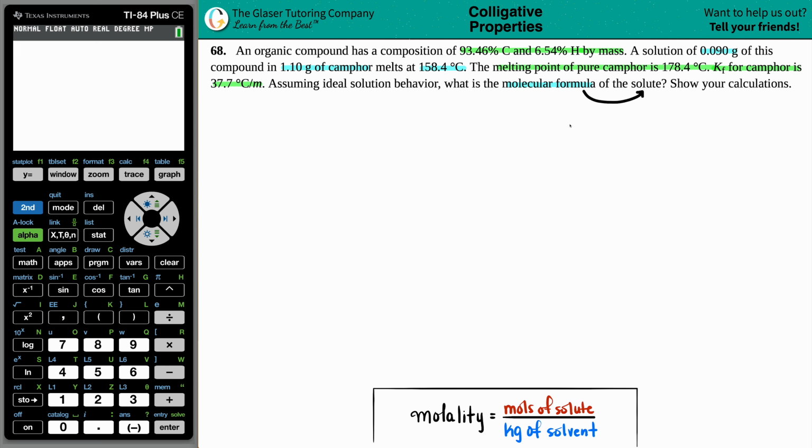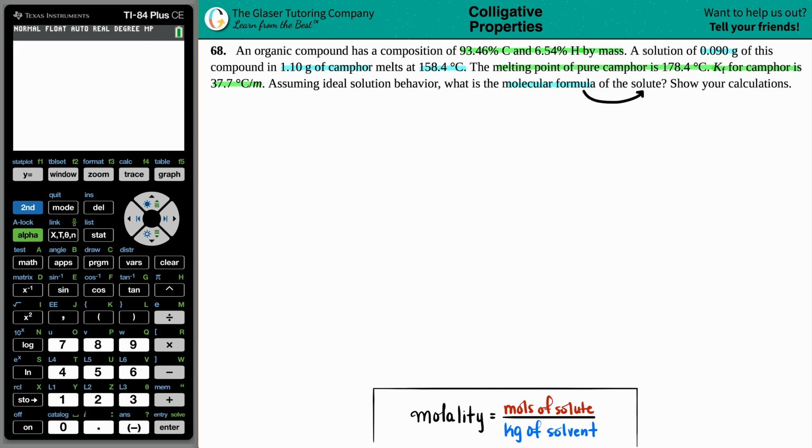Now, keep in mind that the solute is always the smaller amount that is placed inside of the solvent. And together, a solute and a solvent always make up the total solution. They say that we have this total solution that corresponds with the 0.090 grams of this compound in the camphor. The solute always gets dunked into the solvent.